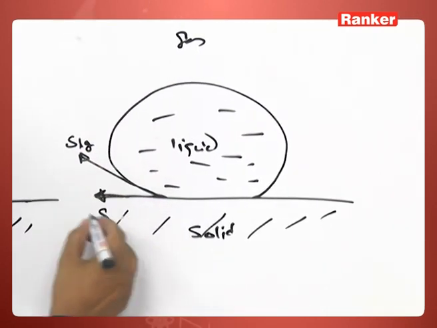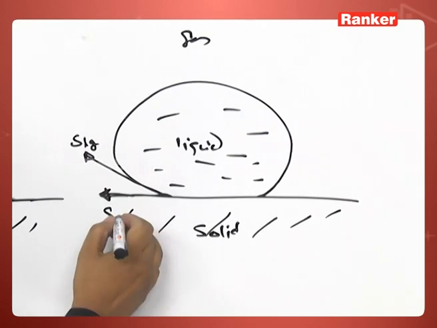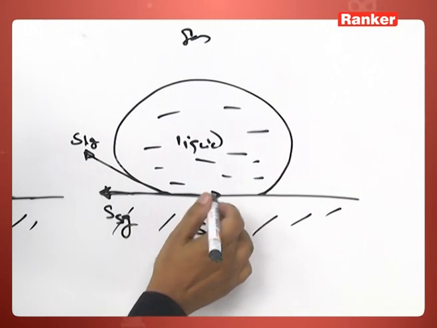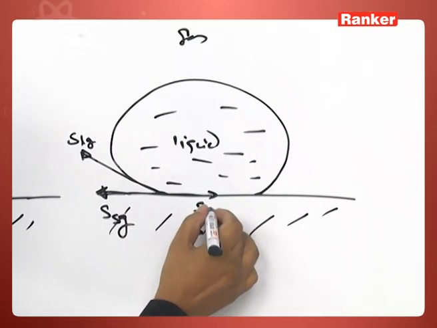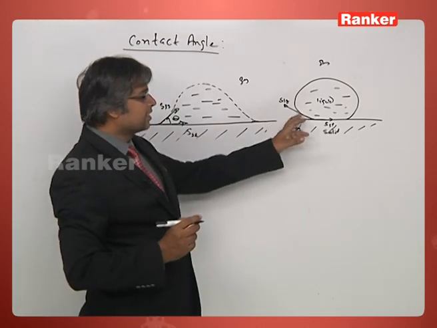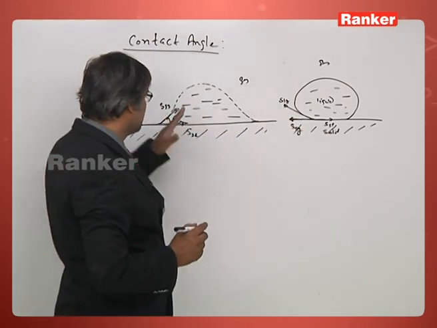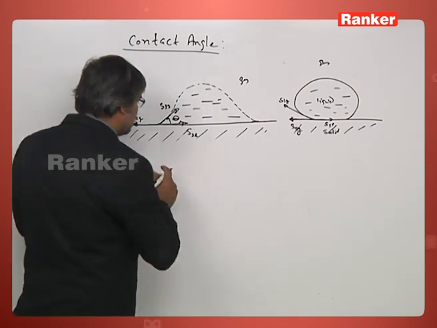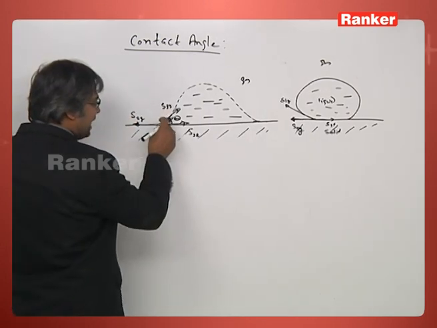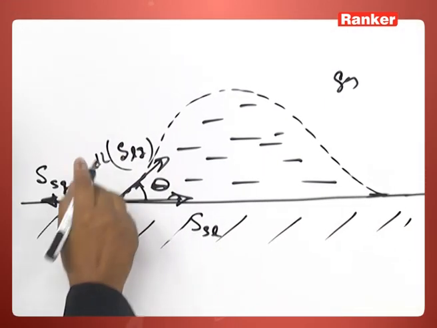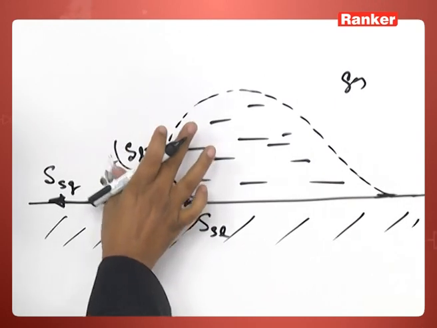Here we will have surface tension S of solid and gas in contact, and here we have surface tension of solid and liquid in contact. These are the surface tensions for that surface, and these vectors are the forces. If I want to know the forces along the surface, then I have to multiply with some length dl.